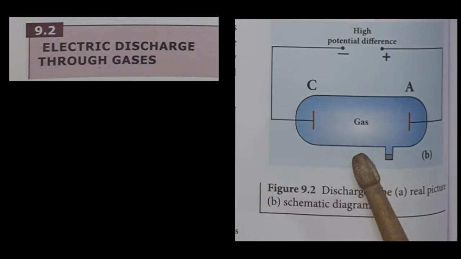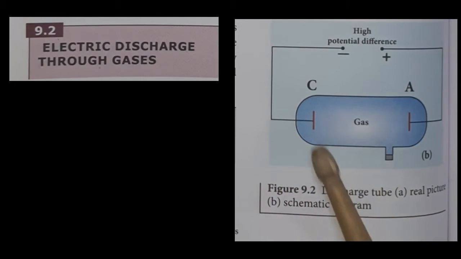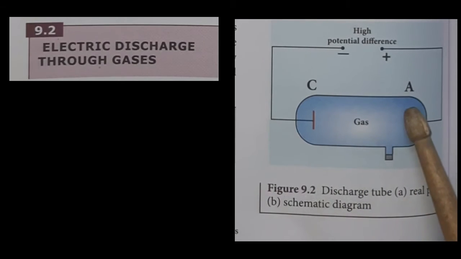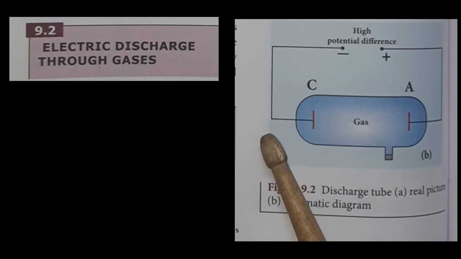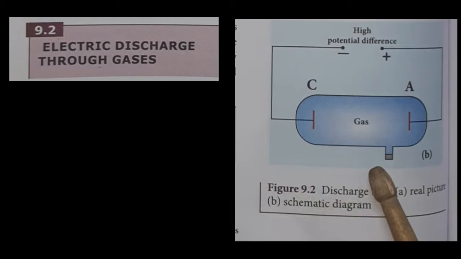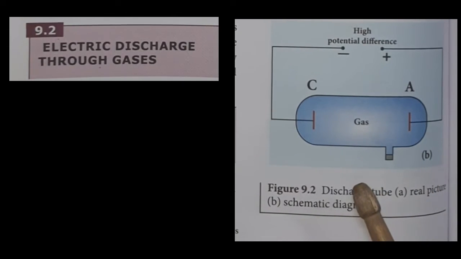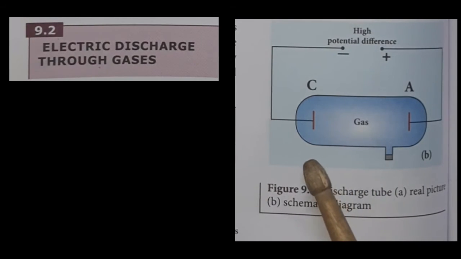At this time, a dark space is formed near the cathode, which is often called Crookes dark space, and the walls of the tube appear with green color.